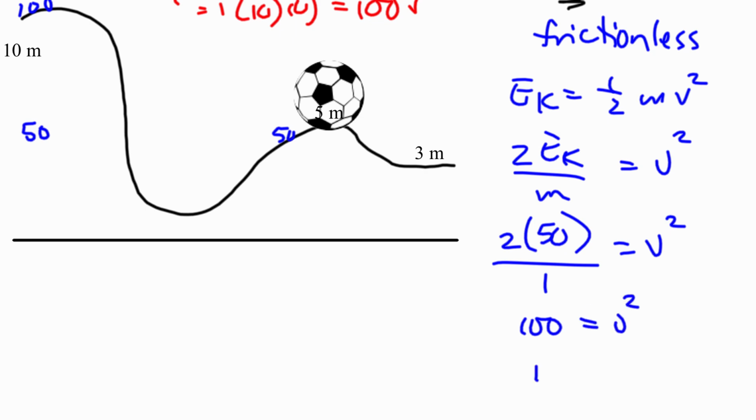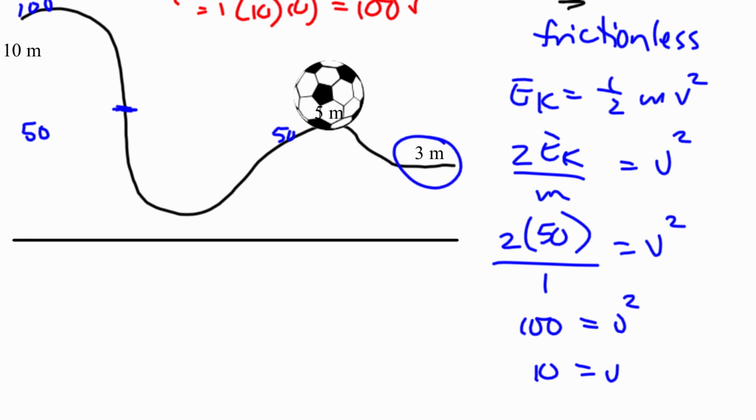Square root of 100 is 10. So the velocity of that ball right there at 5 meters, it'll be going 10 meters per second. And it'll be going 10 meters per second right there too, if that's at the half point.